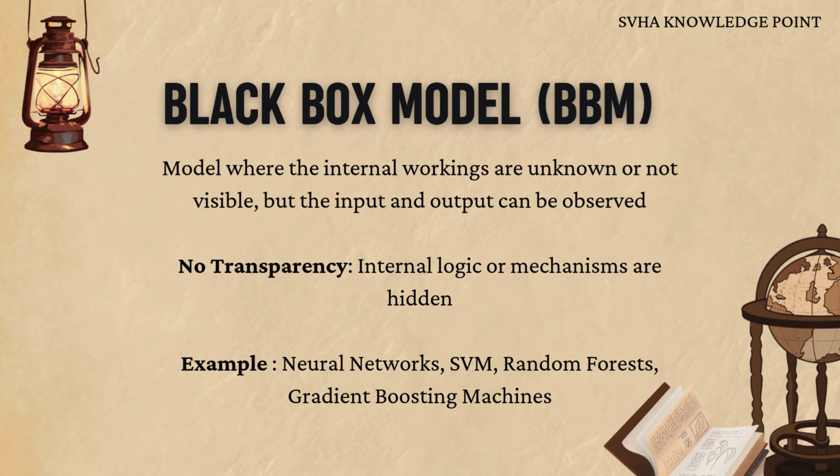Random forest models combine many decision trees, making it hard to pinpoint which tree or path influenced the decision. Gradient boosting machines use a sequential tree building approach which leads to opaque decision pathways. So these are some examples of black box models.